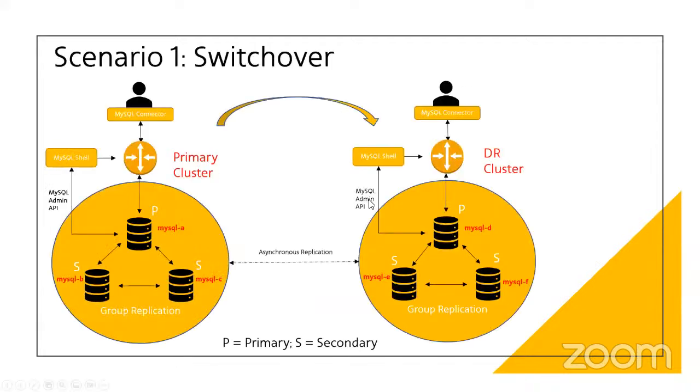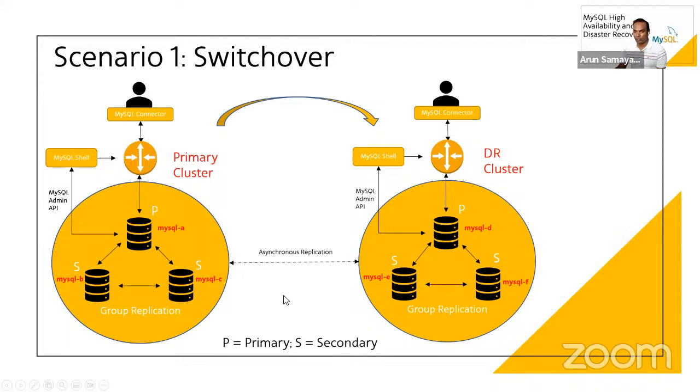Yeah. And there are a few scenarios that we will look through. The very first scenario is that we perform a switchover. This is the most common scenario in the real world. You're performing maintenance on your primary cluster, and you have to make sure your application still works as expected.